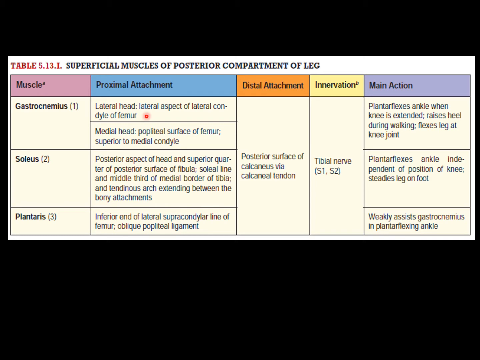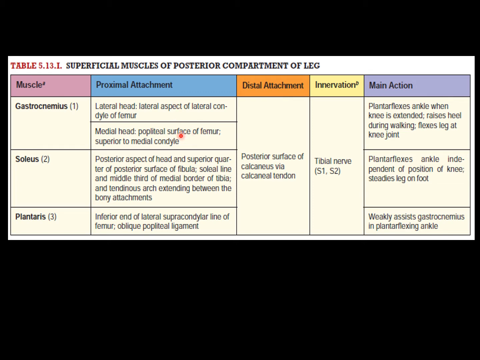Gastrocnemius basically comes from the lateral and medial condyles of the femur. So it has two fusiform heads, the lateral head as well as the medial head. The lateral head arises from the lateral aspect of the lateral condyle of the femur, and the medial head from the popliteal surface of the femur, superior to the medial condyle.